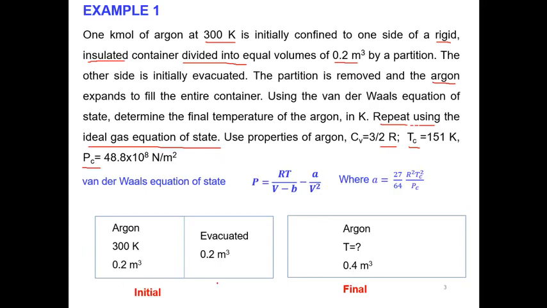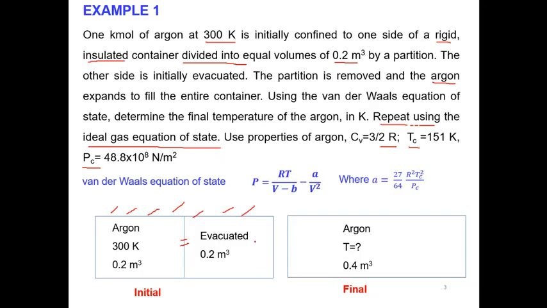So if we see it in graphical form, let's say this was a rigid and insulated container, right? And it had a partition, with volumes of 0.2 cubic meter and 0.2 cubic meter. In one partition there was argon gas at 300 Kelvin and 0.2 cubic meter volume.